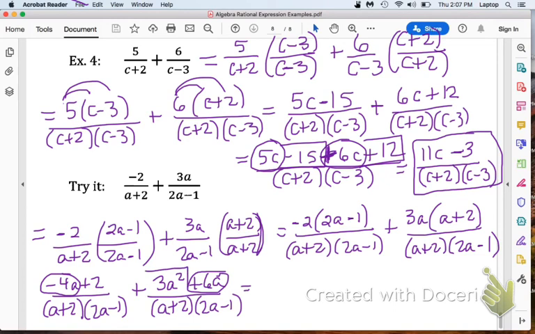The 3a squared is its own, and it's plus. And then this positive 2 is a constant. So I want to put it in standard form. So I would obviously take my 3a squared first. Negative 4 plus 6 is going to be plus 2a, and then plus 2, all over (a plus 2)(2a minus 1).